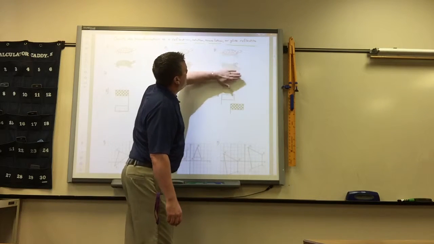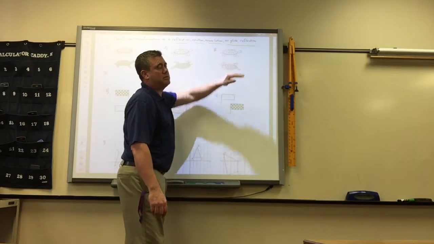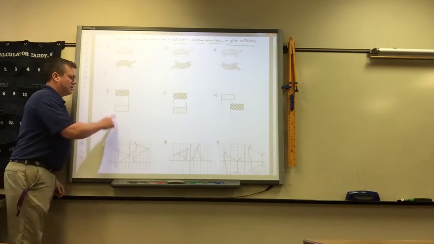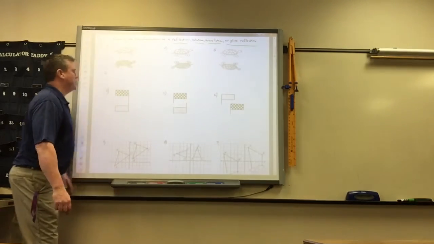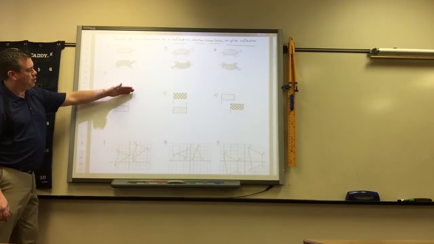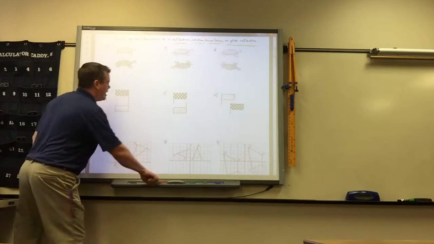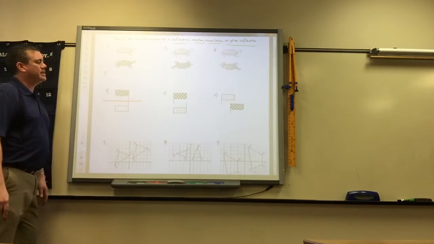This one, it's just folded on top of itself, it's upside down, so that's a reflection. Here, I don't know why these aren't shaded in, they're supposed to be the same, but this would fold down on top of that, so that's a reflection. The line, if you had to draw it in there, that you'd reflect it over, would be right there.